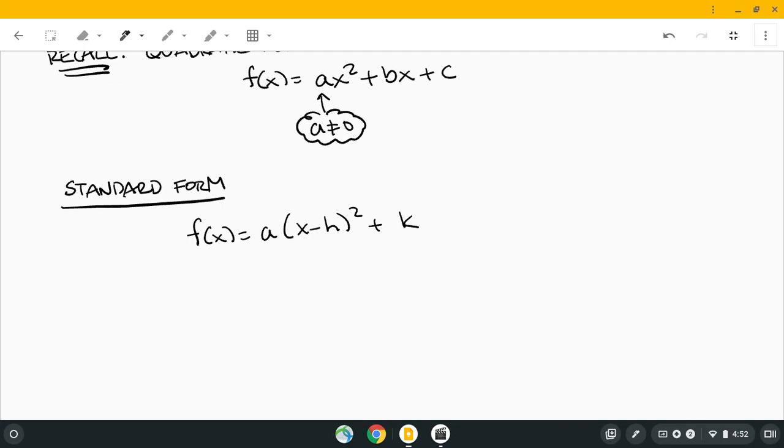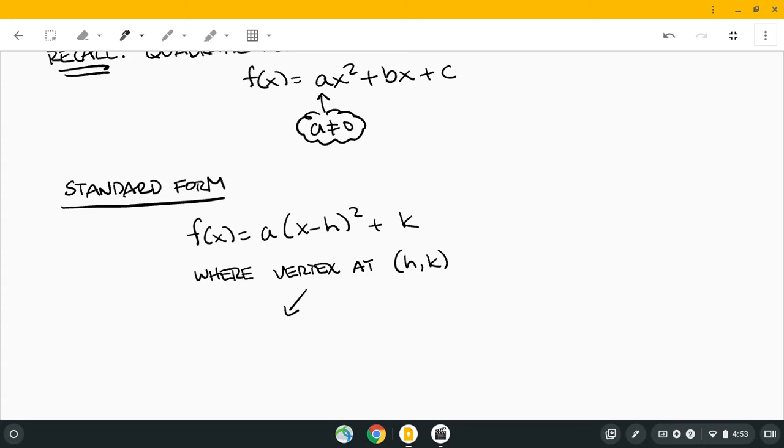And you've actually worked with this form already. This is the form it's usually in when we're doing our graphing by shifting up, shifting down, shifting left, right. So this is standard form. You would have it look like this, where the vertex is at (h, k), which is here.